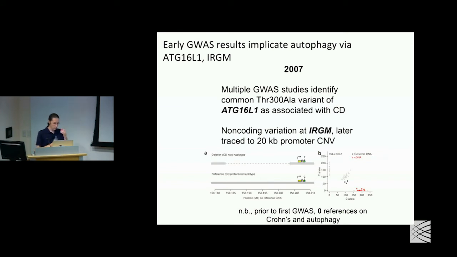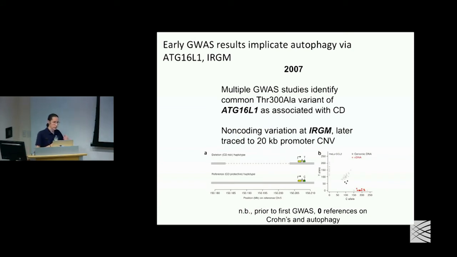And one of the first examples of a truly novel pathway that emerged from these types of genetic studies was the recognition, based on several associations from that first Crohn's disease study, of the role of autophagy, which is a general process of cellular homeostasis, as being a central one with respect to Crohn's disease.